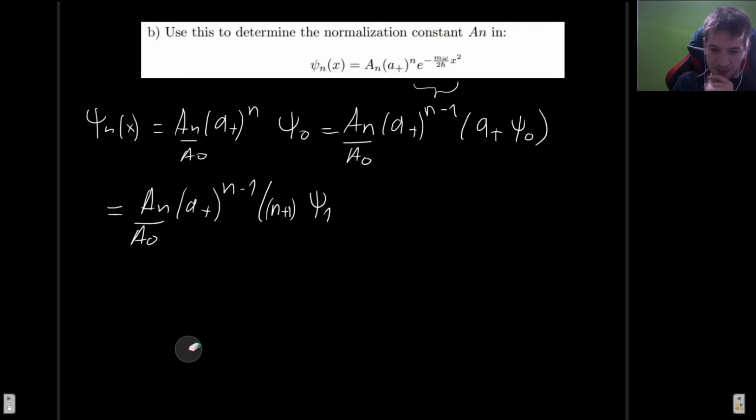Okay, I need more space. I did not calculate this well. This is going to be the square root of n plus 1 times h bar omega, psi 1. But what is n? n was 0, because 0 is the state that we applied this operator to. Do not be confused. n is the state to which you applied this operator.